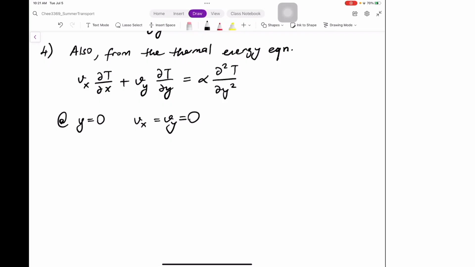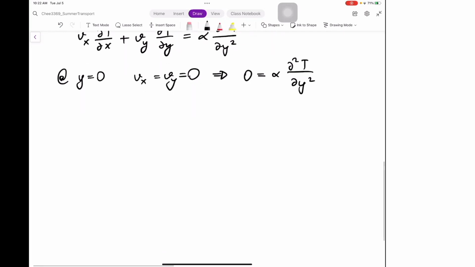One from the no-slip boundary condition, the other from the no penetration boundary condition. And this corresponds to the following: the left-hand side of this equation becomes 0, right? 0 equals alpha del squared T over del y squared.